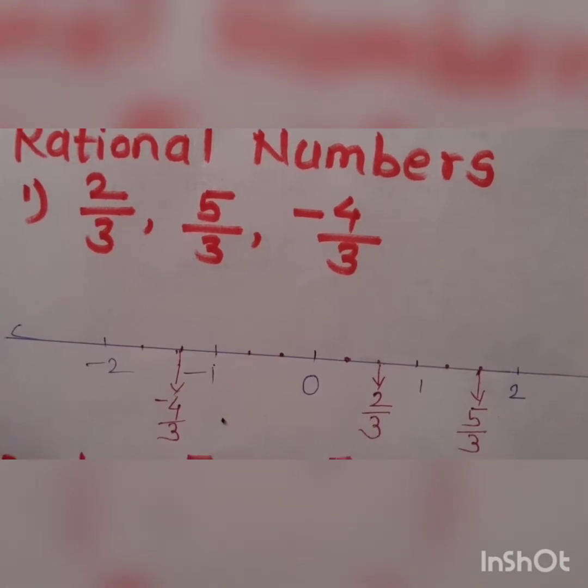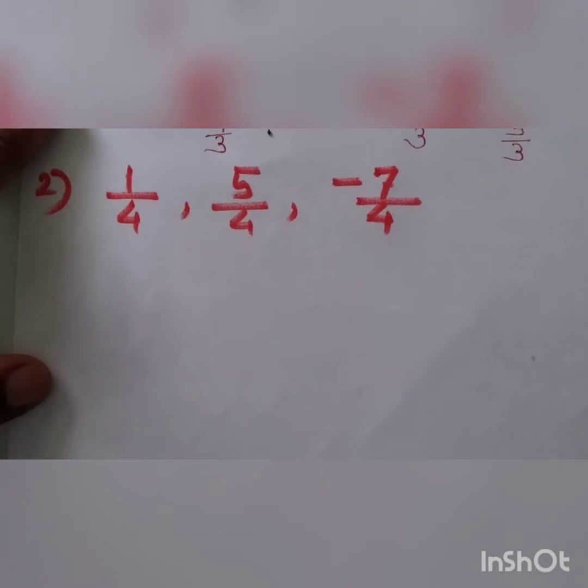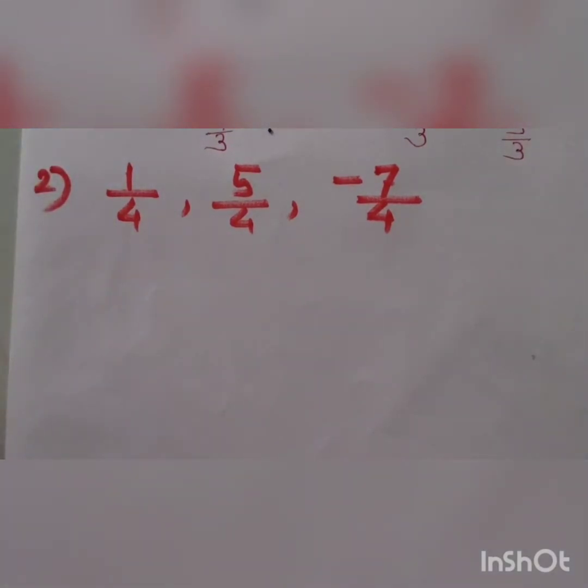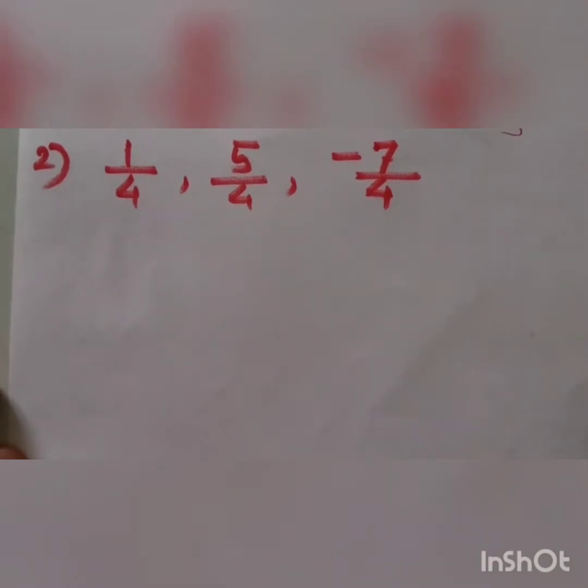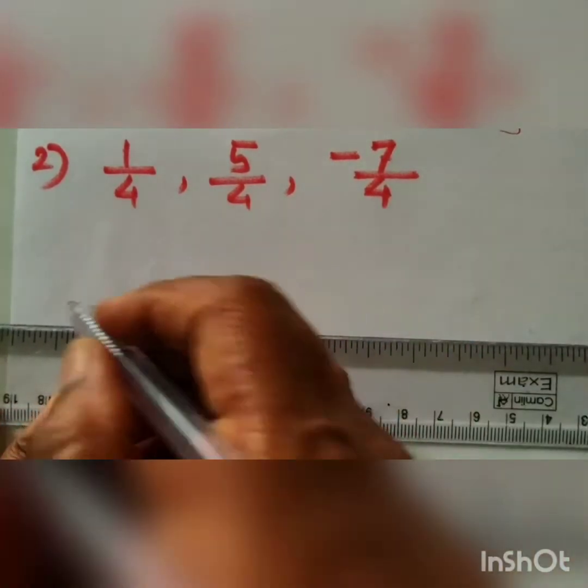Now the next example we are taking for the same concept, means we have to show the numbers 1/4, 5/4 and -7/4 on the number line. Again draw a number line as usual.